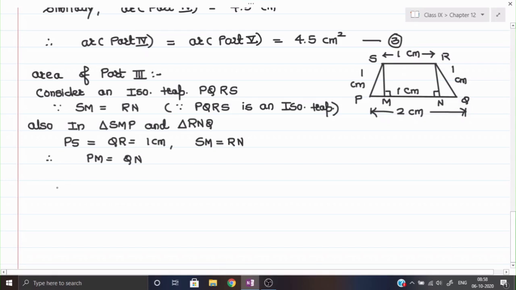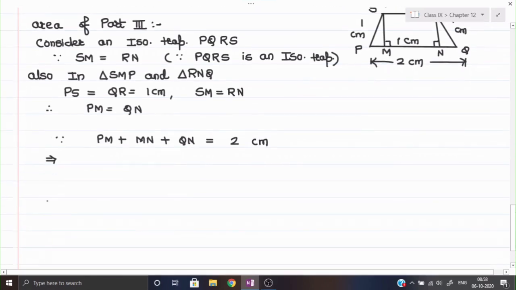We can say that PM plus MN plus QN will be equal to 2 centimeter. That is given to us, because if you add all of them, that will be equal to PQ, and the value of PQ is 2 centimeter. PM and QN we suppose for some time as x centimeter.